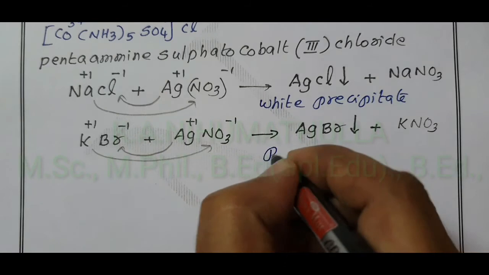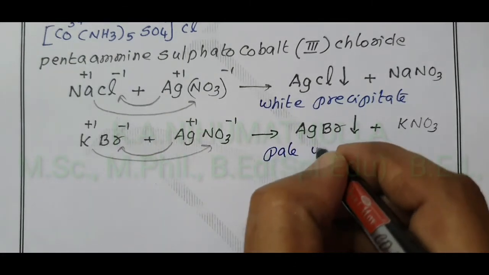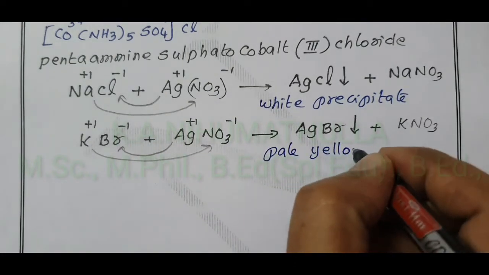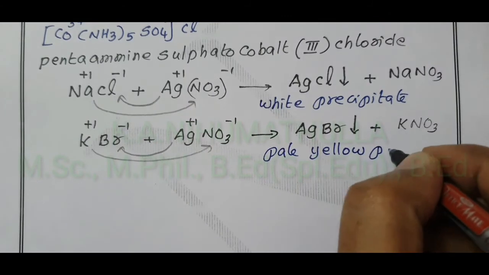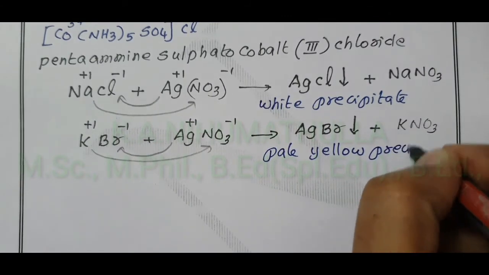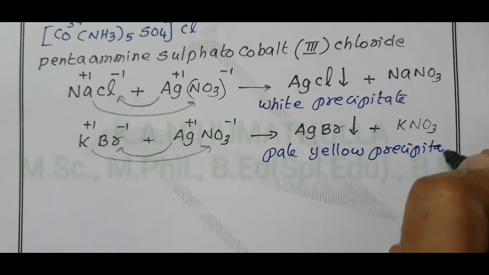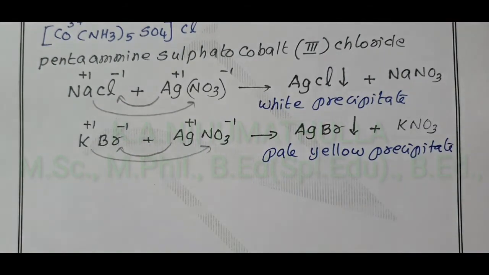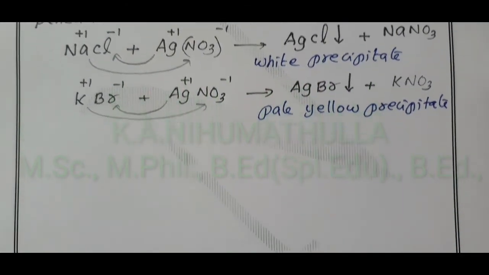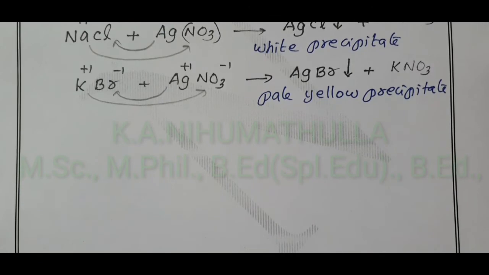Formation of a pale yellow precipitate indicates that the given complex contains Br minus ion, which is ionizable in nature.